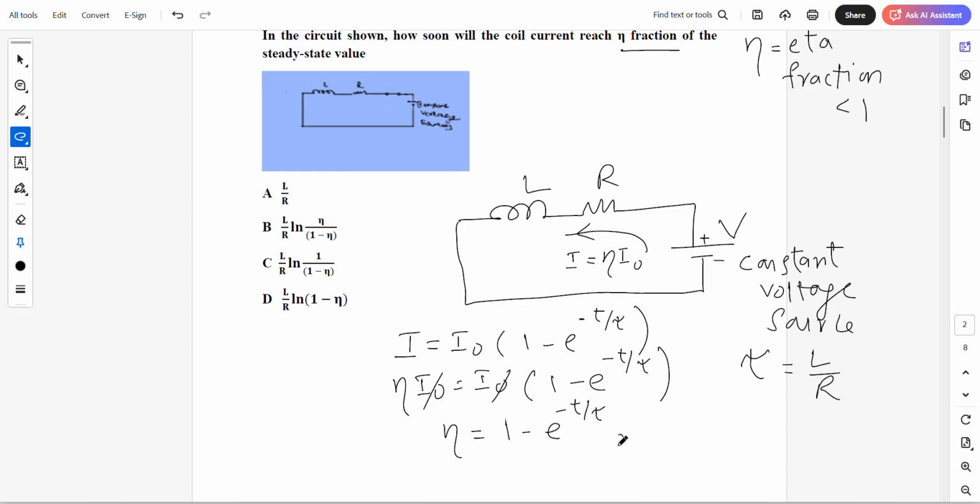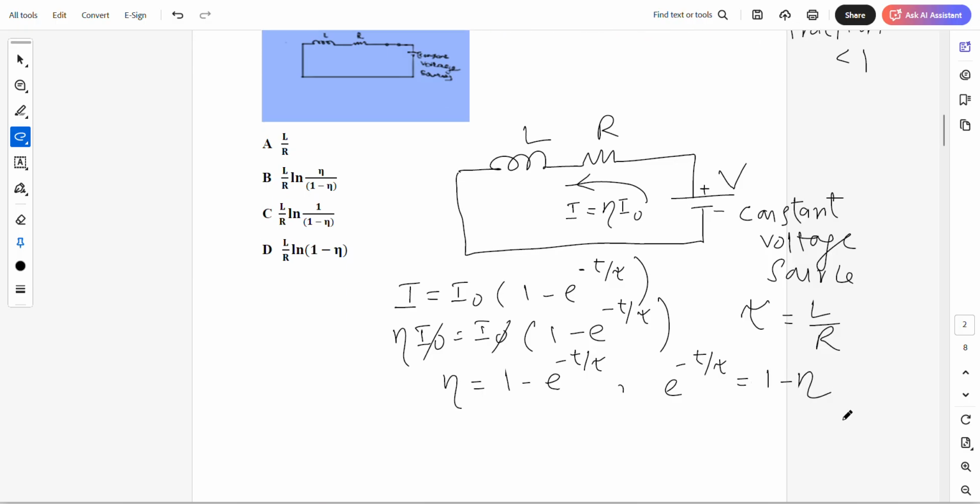So here I can simplify for e to the power of minus t by tau. I'm going to get 1 minus eta.